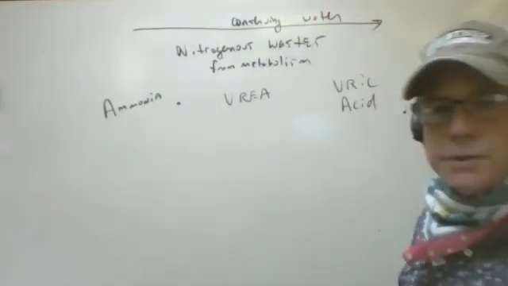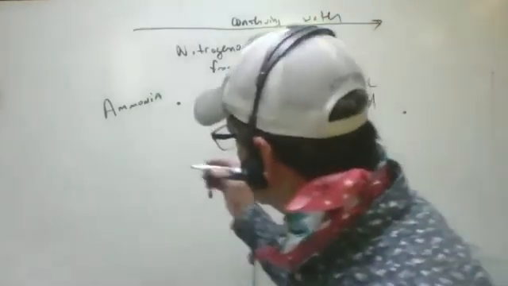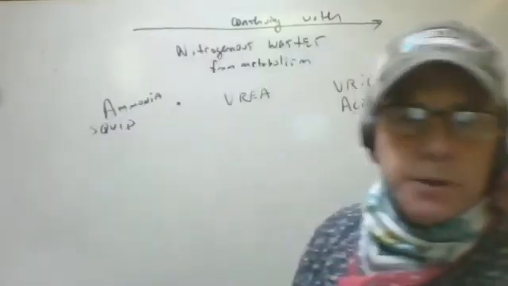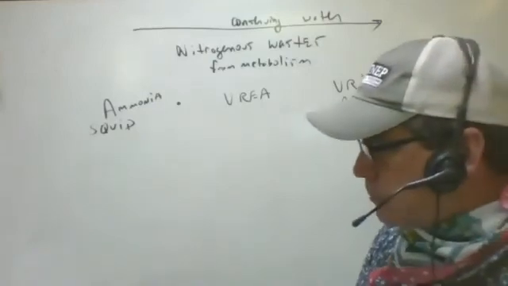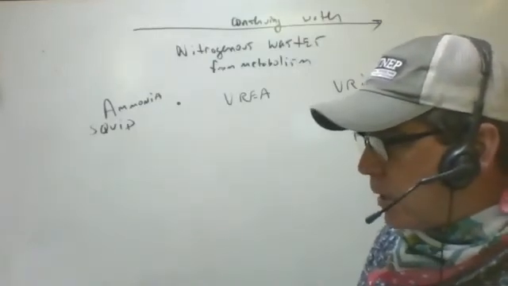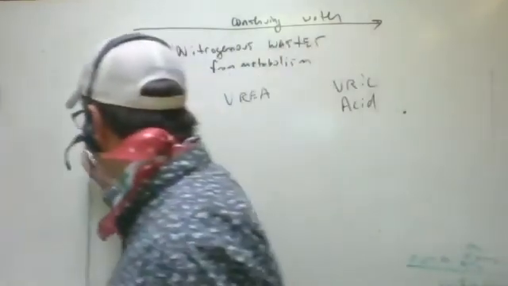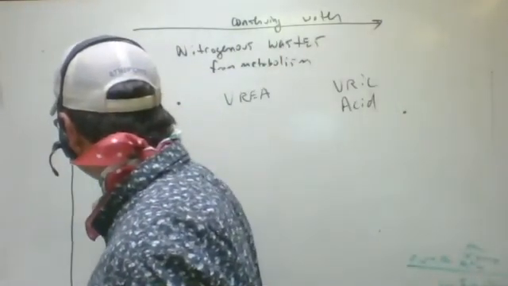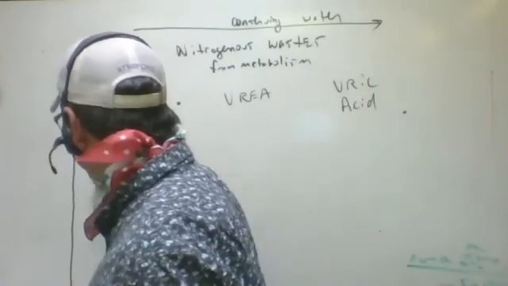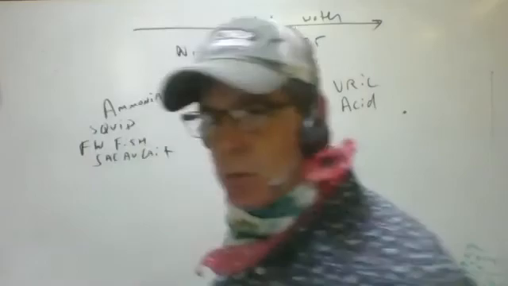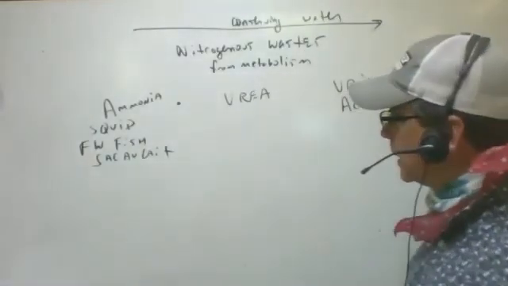So who uses ammonia? In seawater, squid use ammonia, but for me, a more understandable animal that secretes its nitrogenous waste as ammonia is a freshwater fish, like a sac-a-lait. That's the white perch. Okay.